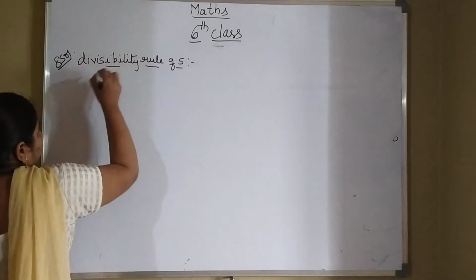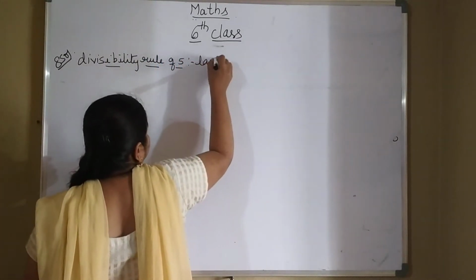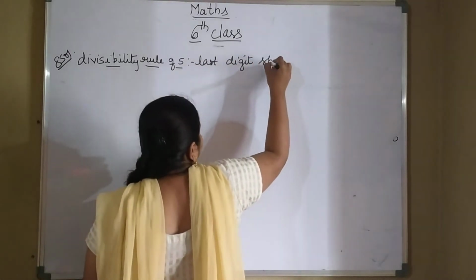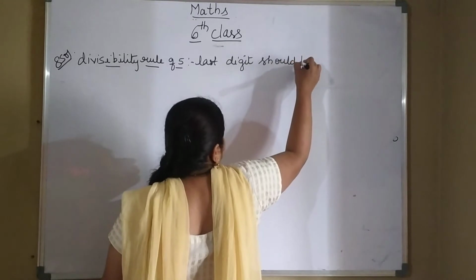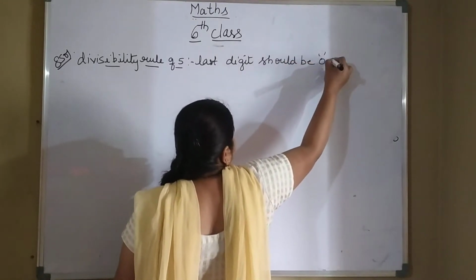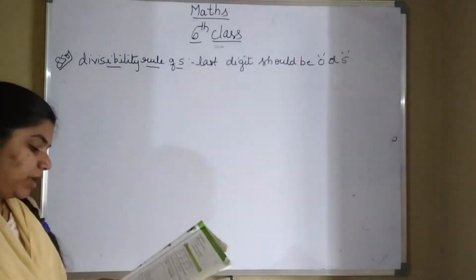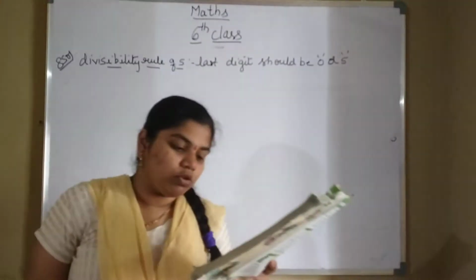So what is the divisibility rule of 5? Last digit should be 0 or 5. So which number we have to add to this 123?